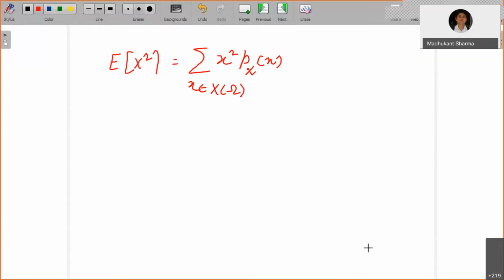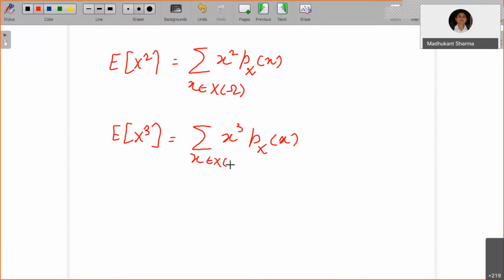Similarly, the expectation of x cube. We have also seen that you have just cubed the values; the rest of the things were the same, the assigned probability. Okay, right. So we have observed this.